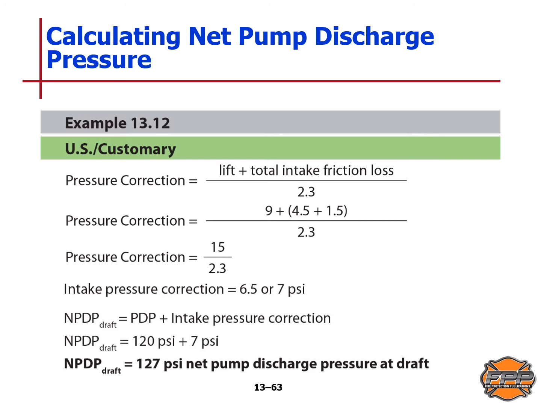And when we divide that out, our intake pressure correction is 6.5, which you round up to 7 psi. So our NPDP draft equals PDP plus intake pressure correction. So our NPDP draft is 120 psi plus 7 psi. So our total NPDP draft is 127 psi net pump discharge pressure at draft.